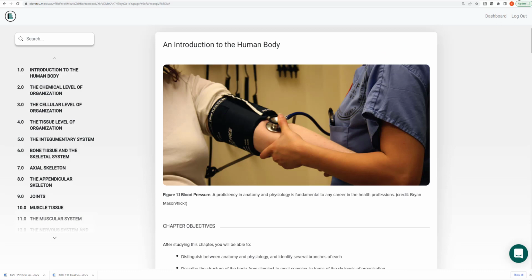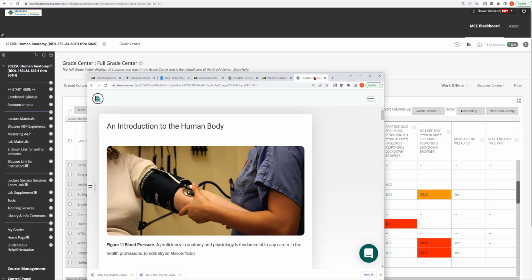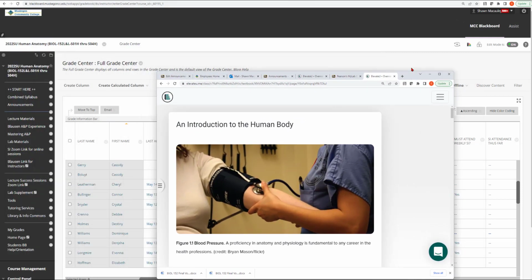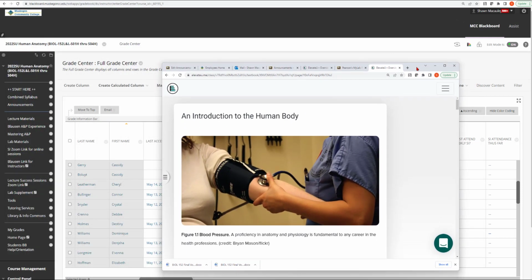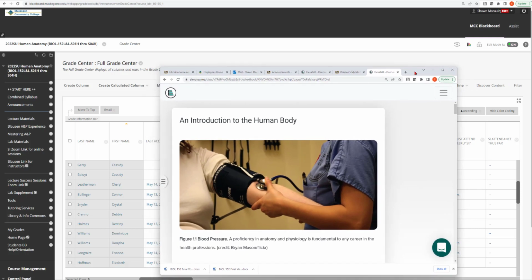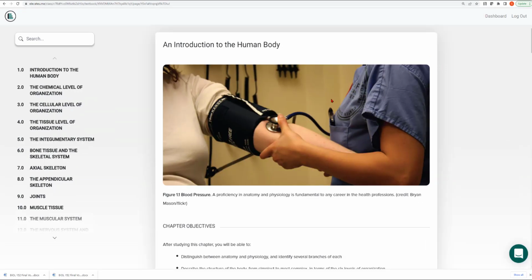So what you can do is minimize your screen like I'm doing here, and you can put the lecture, the video that you're watching from me, on one side of your screen, and then on the other side of your screen you can load your book, right?